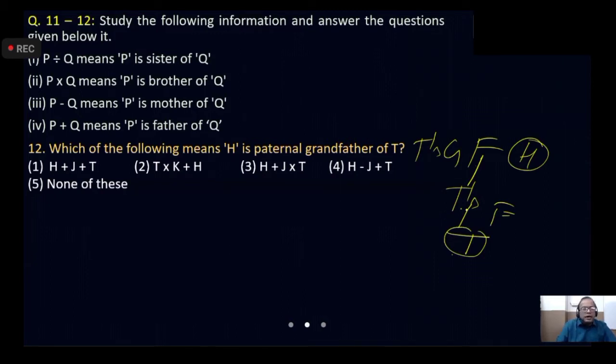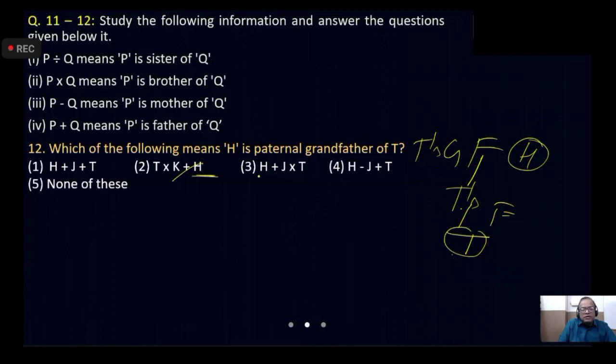Again, we have 4 choices. Let us see. H plus. Plus means father. Possibility is there. T plus H. H is here, and after that nothing is there. Can you expect any relation? Difficult. We want him to be here, grandfather. So this also cannot be the answer.